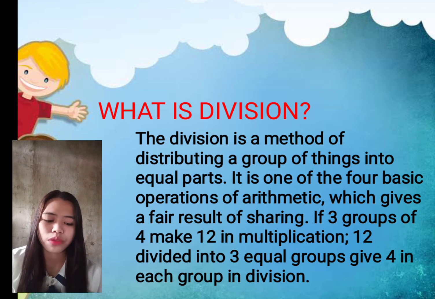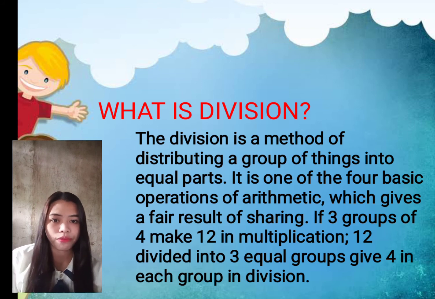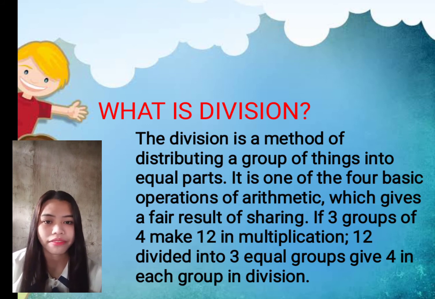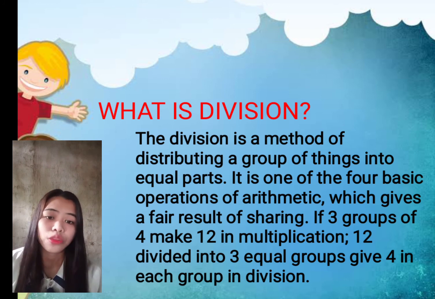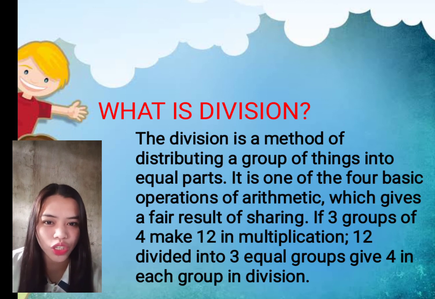If 3 groups of 4 make 12 in multiplication, 3 times 4 equals 12. 12 divided into 3 equal groups gives 4 in each group in division.